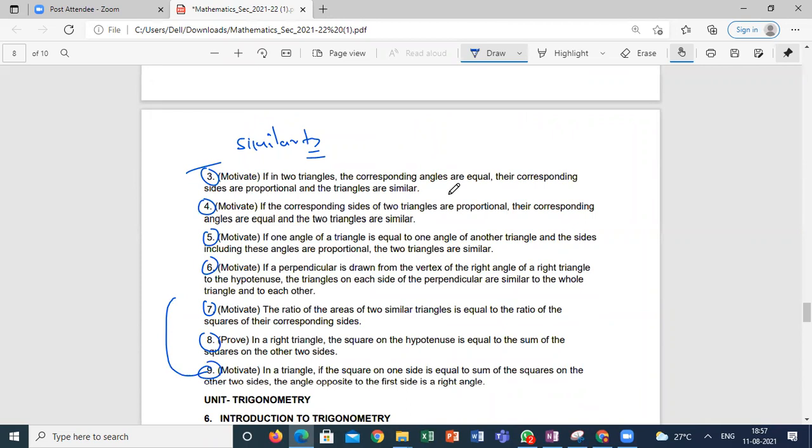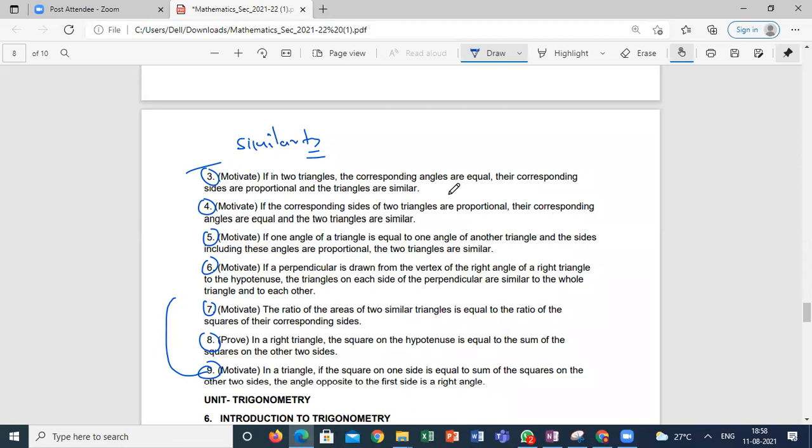So criteria for similar triangles. What are the criteria they are saying? Angle criteria. From that we are going to discuss if two triangles' corresponding angles are equal, then their corresponding sides are proportional, and side criteria.